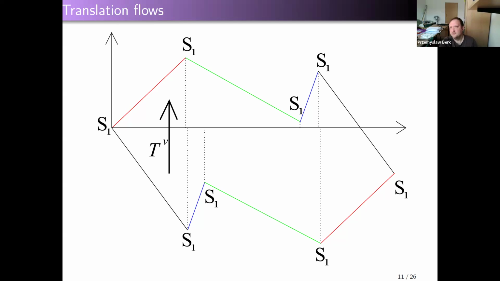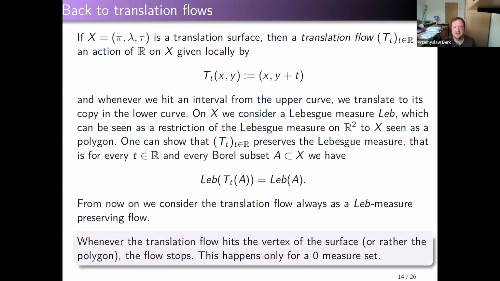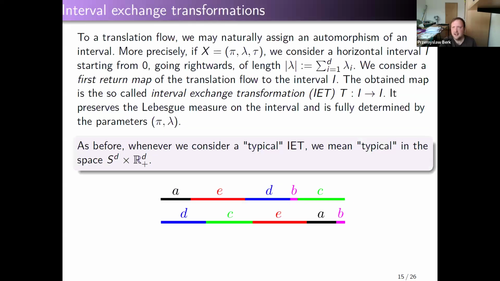So basically this return map is going to be an automorphism of the interval, and it's just going to be locally a translation. The only thing that is more interesting is when you hit the discontinuity, because then you actually get the discontinuity of this return map.